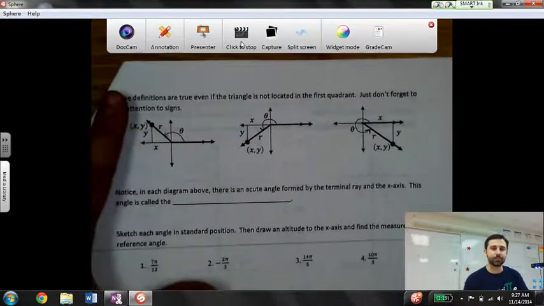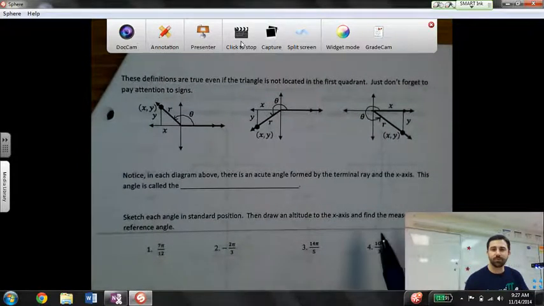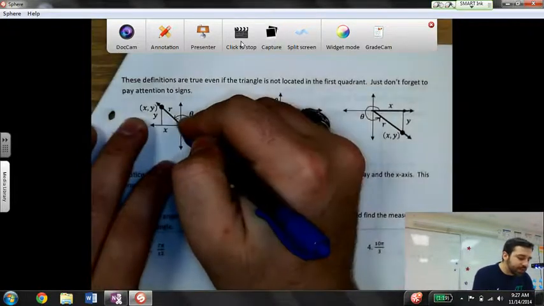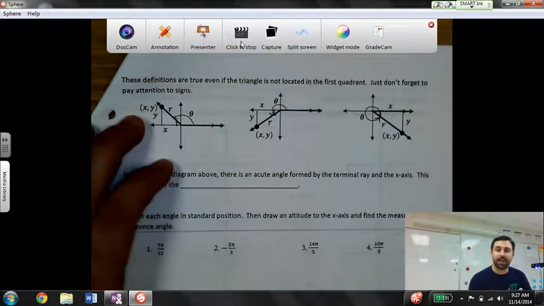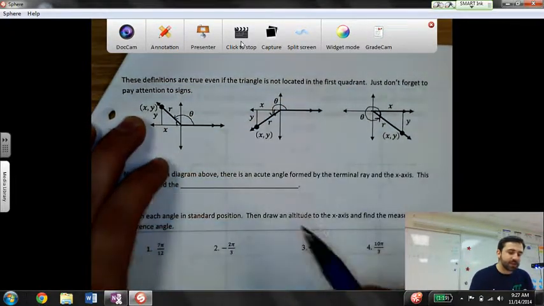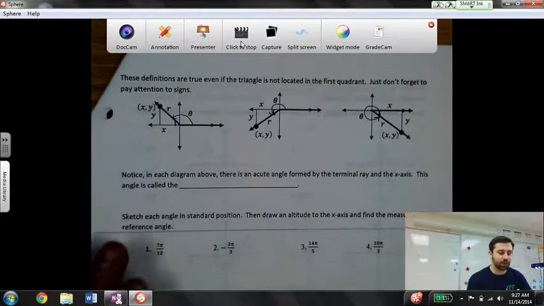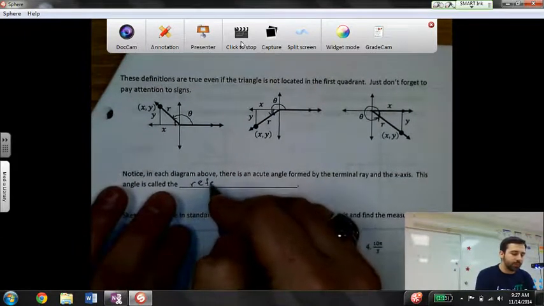So now looking at page 38, when you look at all of these angles in standard position, notice each angle has an acute angle with the x-axis. These acute angles with the x-axis are called my reference angle.